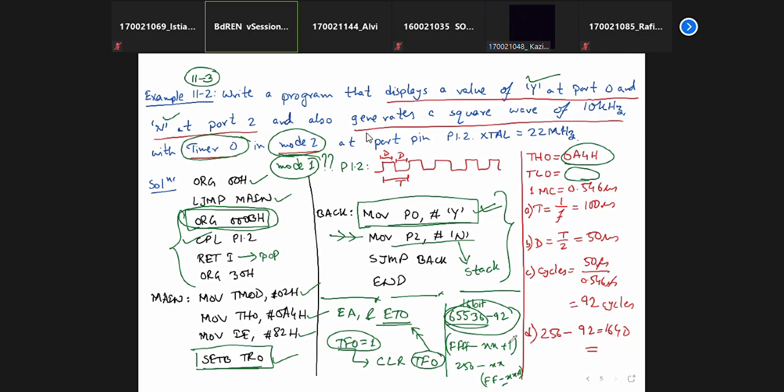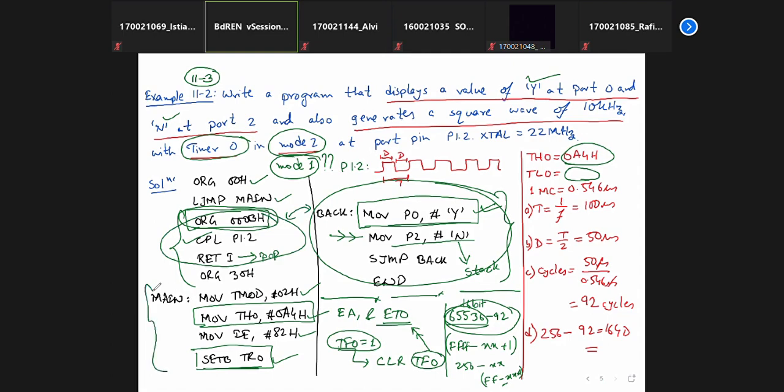Sir, what is the importance of the auto reload part of mode 2? The importance over here is, since it is auto reload, you don't need to load these values again. Once you have started the code, you are always in this loop. Sometimes you come out and you are engaged in another loop, so you are switching back and forth between these two loops.